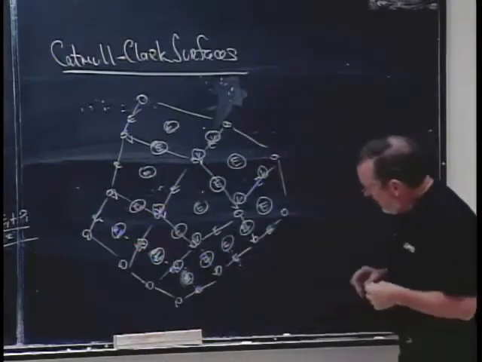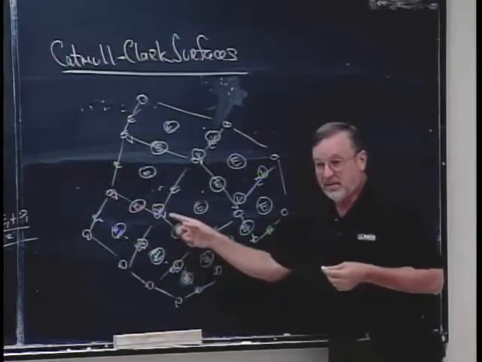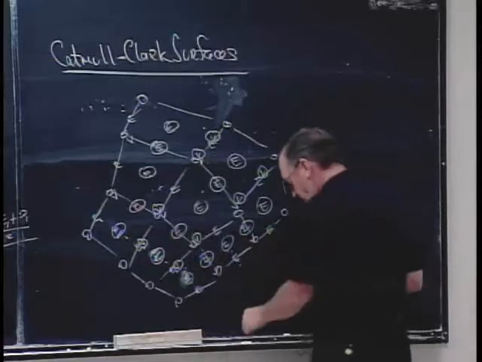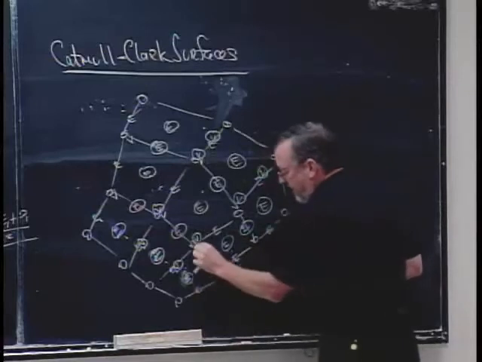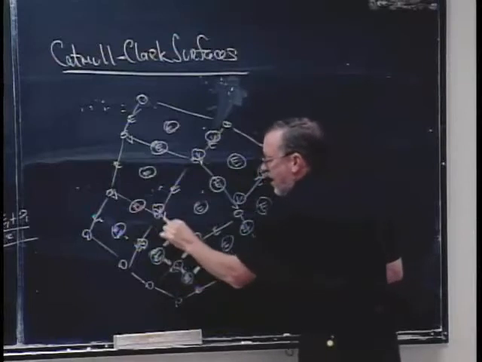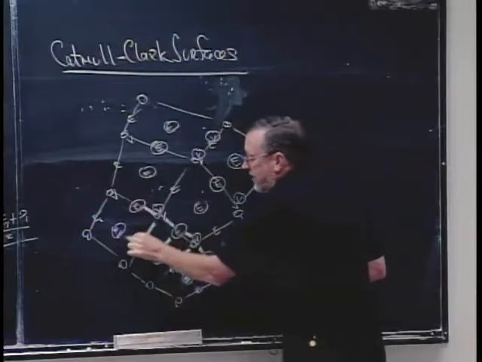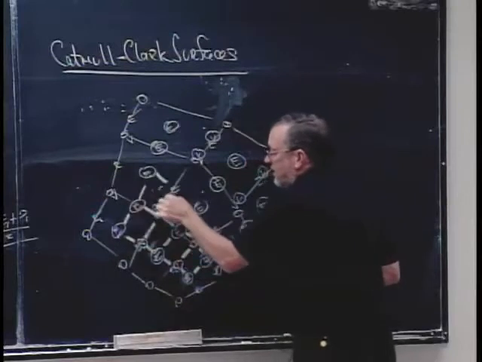But what you get out here when you're done is, if you connect the dots, you get another grid. And this other grid starts here. See the other grid emerging?